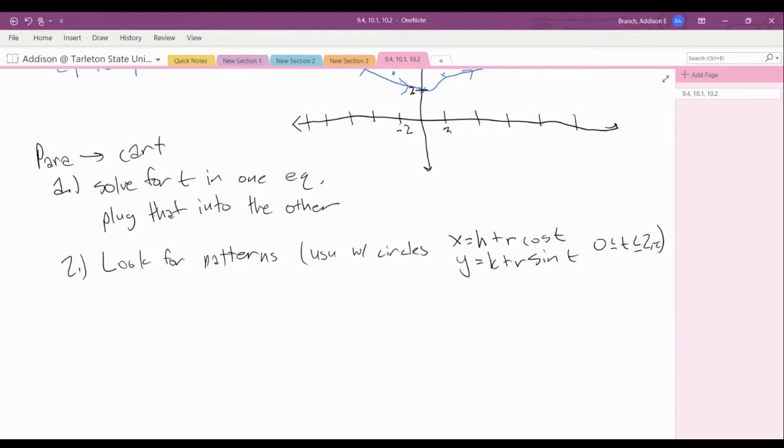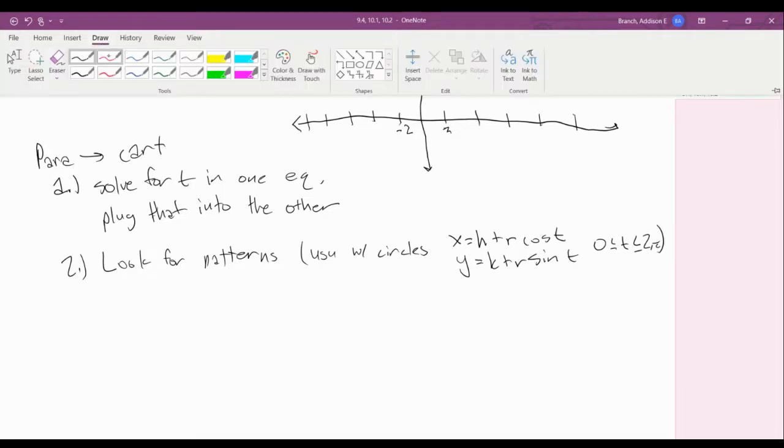So let's go ahead and do an example with both of these.